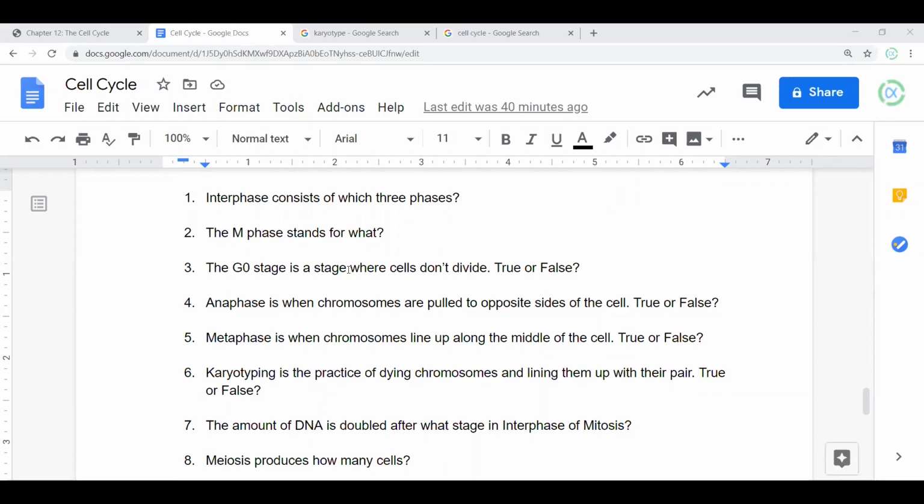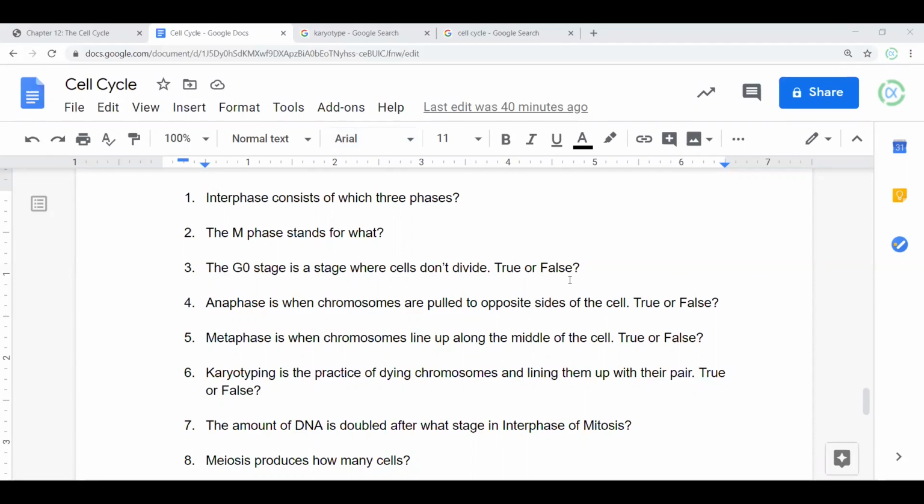Question 2. Okay, so this was my bad. You could have said mitosis or metaphase.